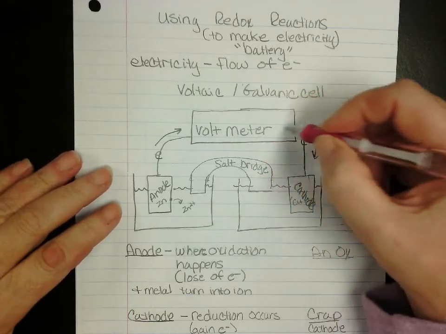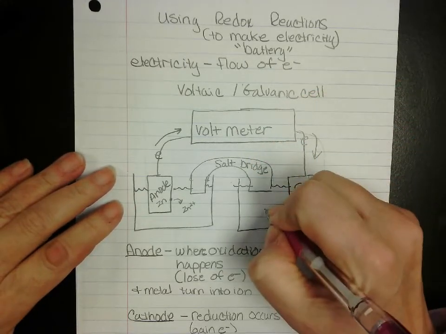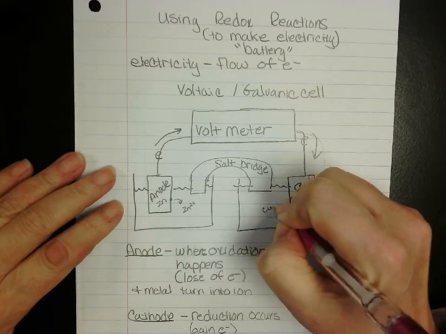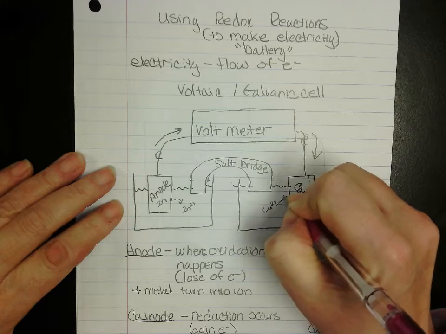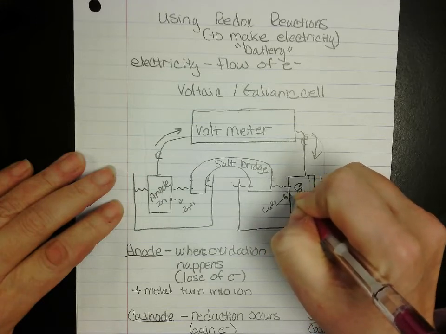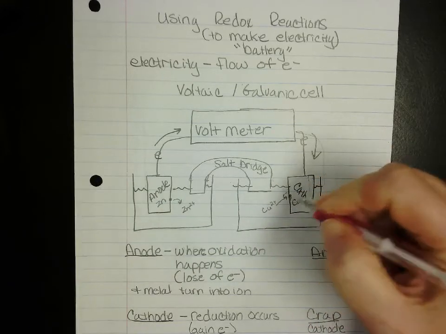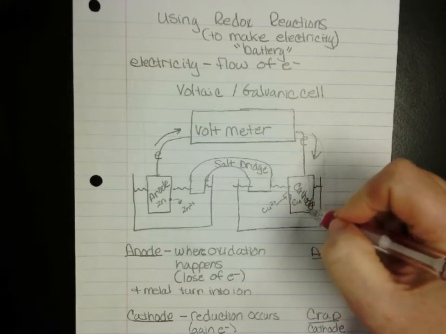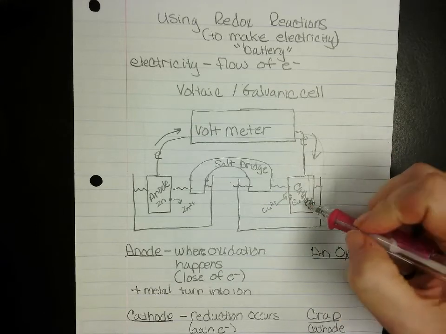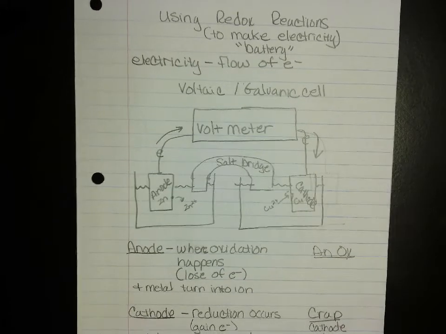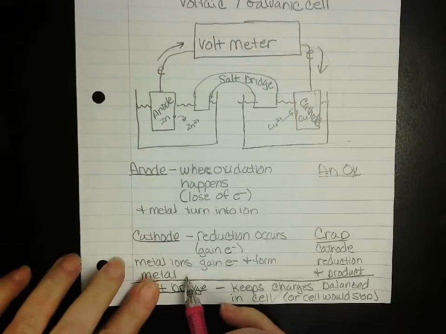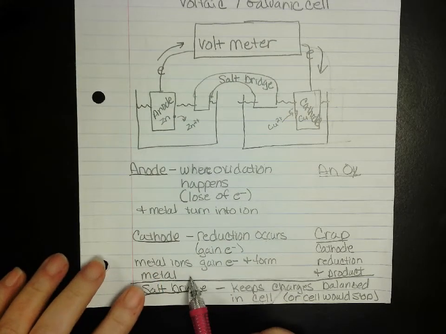Now electrons flow into the cathode and we have a solution that contains copper ions in there. And the copper ion will grab this electron and it'll plate on as copper metal. And when a metal goes on to another piece of metal, we call that plating. So a cathode is where reduction occurs. It gains those electrons. That's where my metal ions turn into the solid metal.